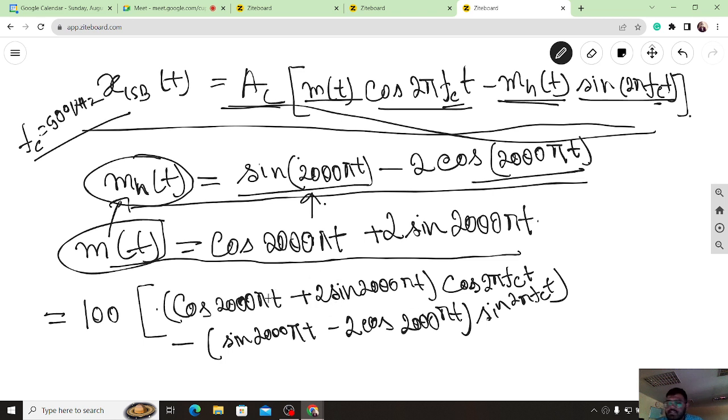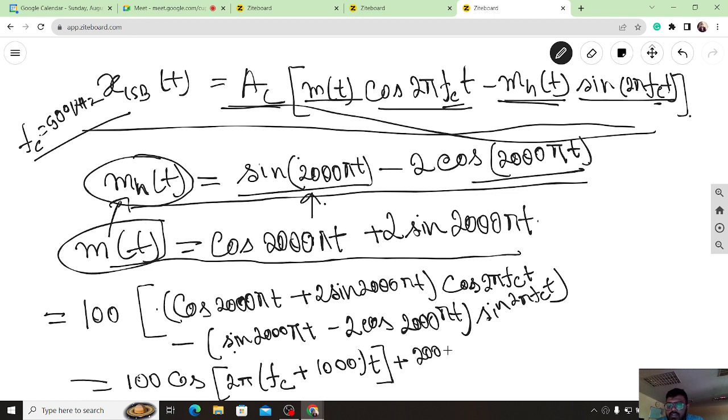If I simplify these two equations, the whole term, if I simplify the formulas, it will come like 100 cos 2 pi fc plus 1000 t plus 200 sine 2 pi fc plus 1000 t.